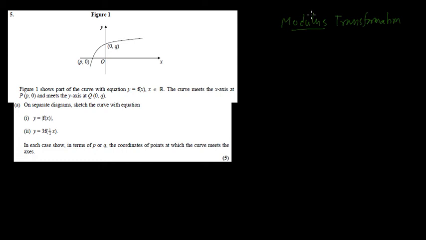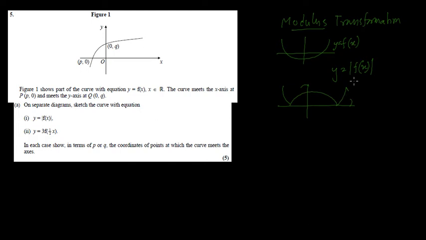Now for this particular transformation, if you have a picture like this, and this is y equals f(x), and you have to do the transformation y equals the absolute value of f(x), it means you break down everything below the x-axis and bring it upwards.